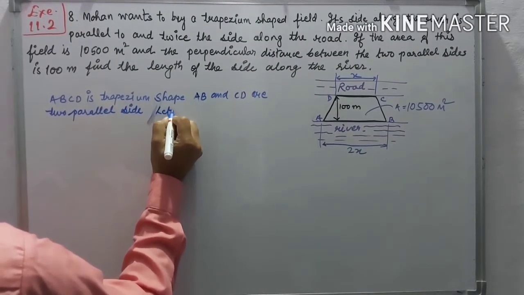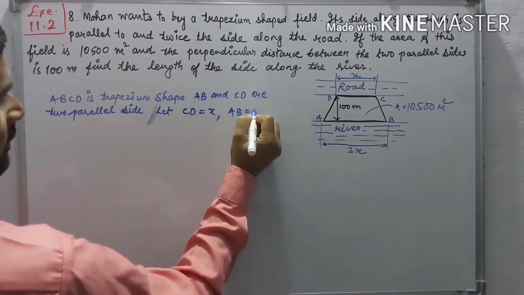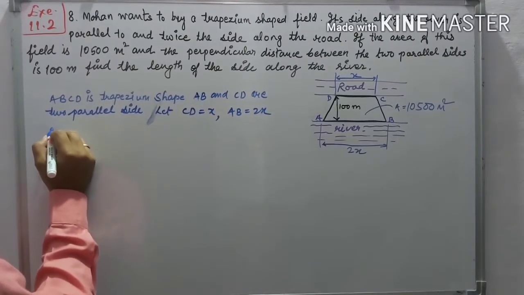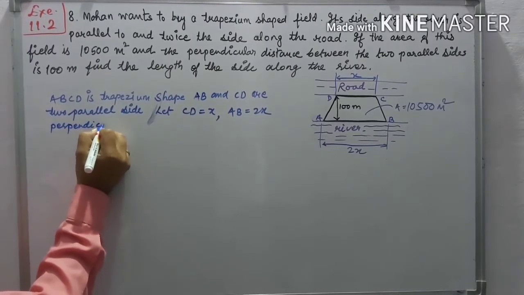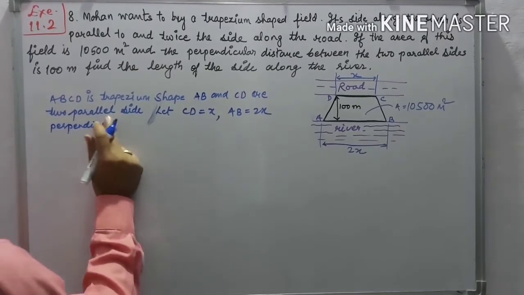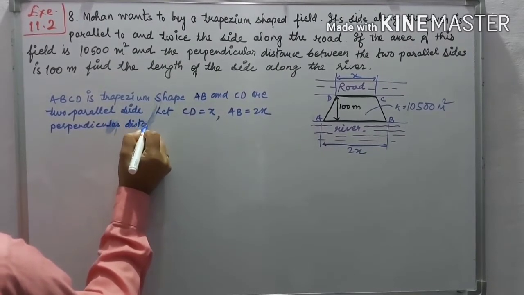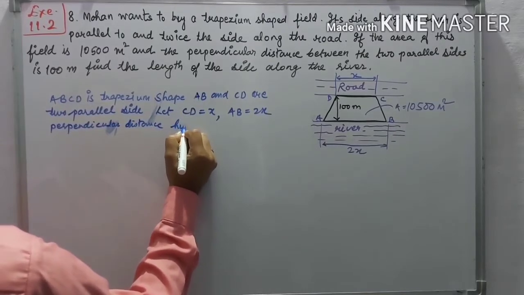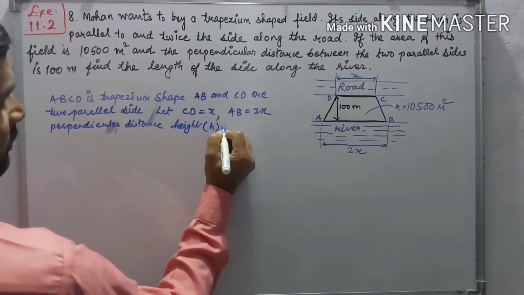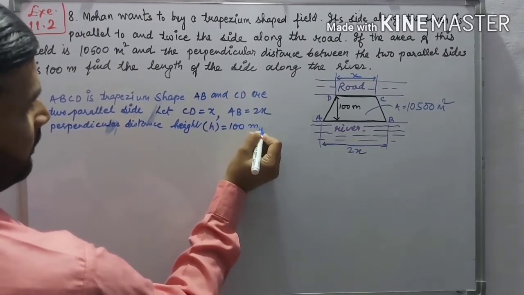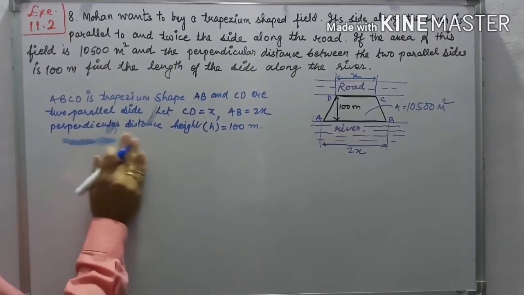Now let CD be equal to x, then AB is equal to 2x, and the perpendicular distance means the height. So the value of h is equal to 100 meter.